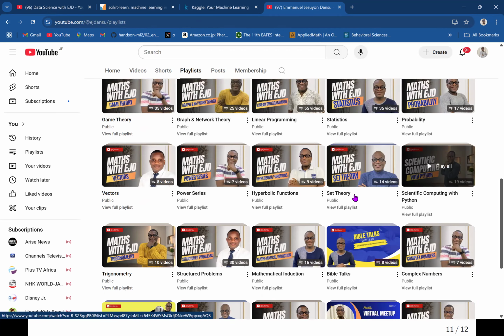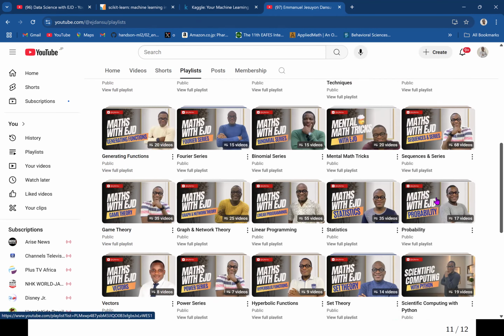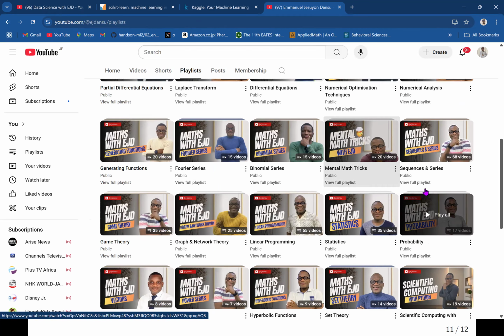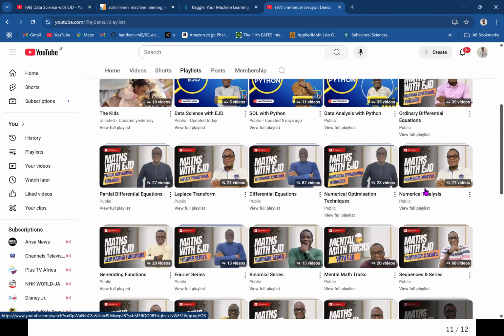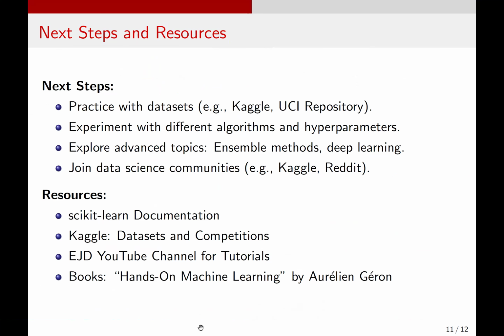Set theory, scientific computing, vectors, and very key, probability and statistics, sometimes linear programming, graph theory, game theory, sequences and series. You need all of this foundation. Even numerical analysis and numerical optimization techniques can be useful, before you can begin to delve into data analysis with Python, SQL with Python, and data science like that. So my channel is there to help.